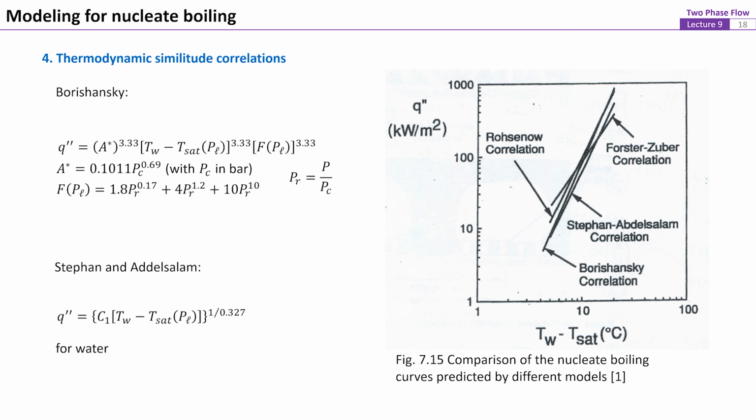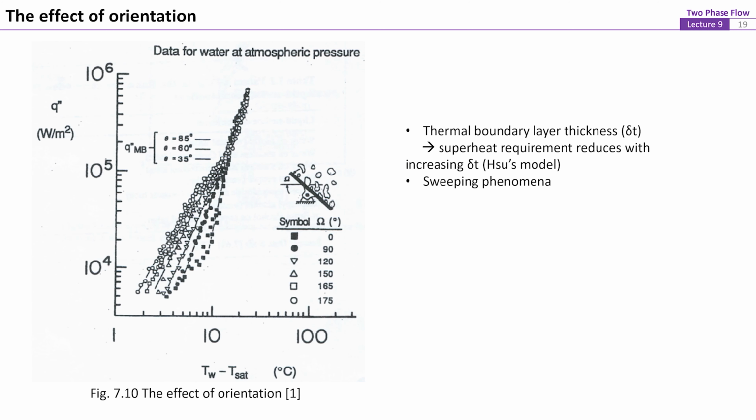The latter is of course easier to use since it requires only thermodynamic properties of the fluid. However, it should also be noted that the transport mechanisms and physical models are generally not considered in this kind of correlation. Another interesting phenomenon in nucleate pool boiling is the effect of the hot surface orientation.